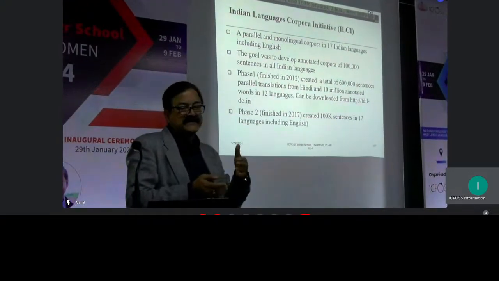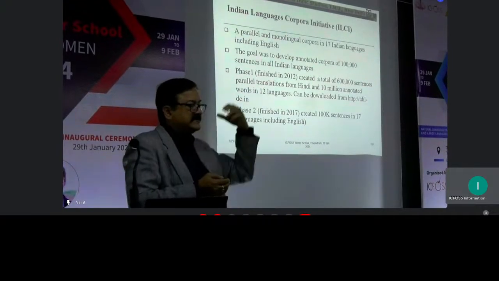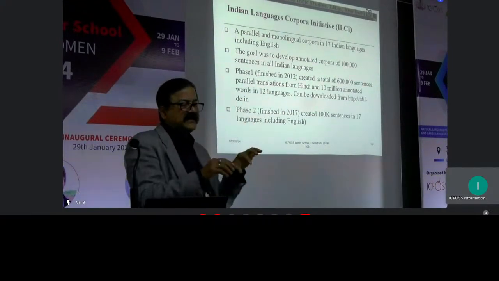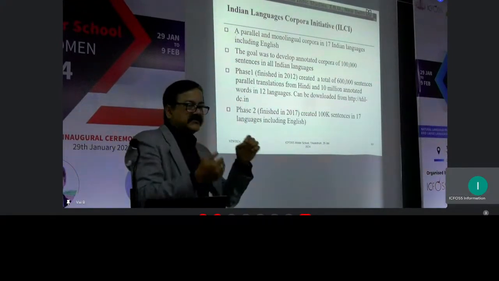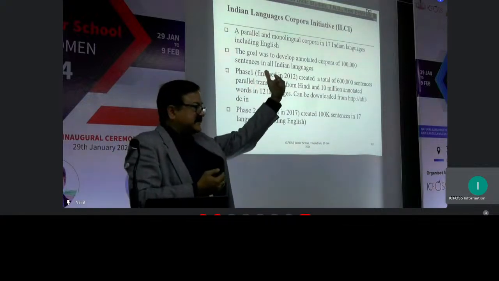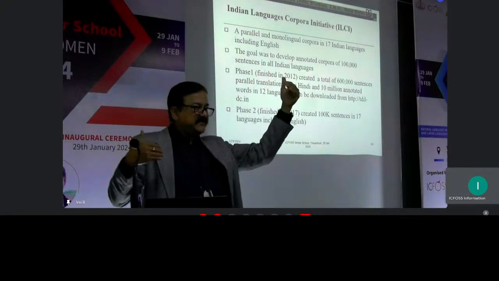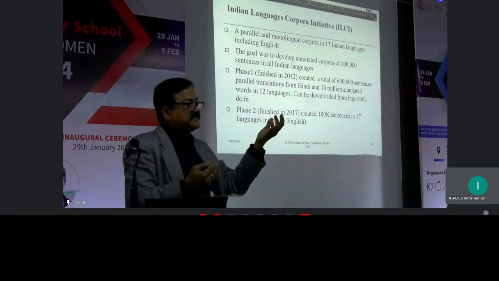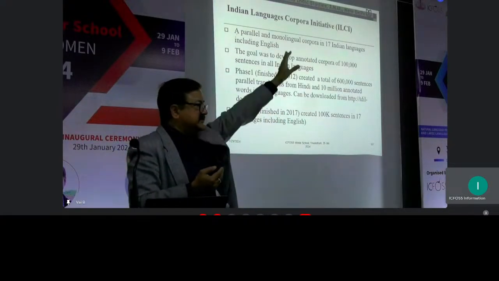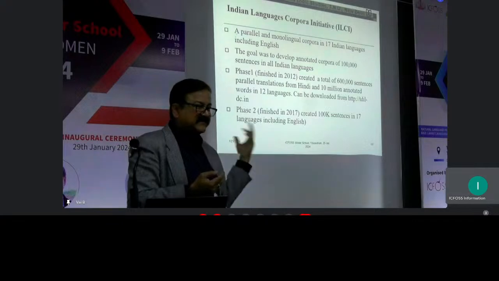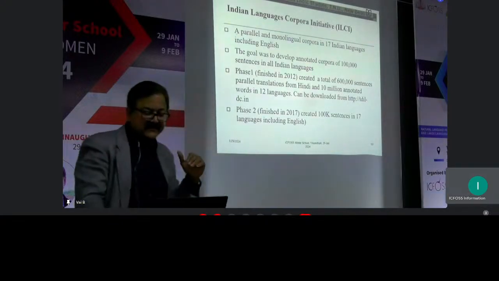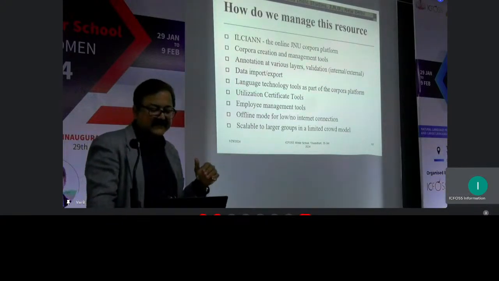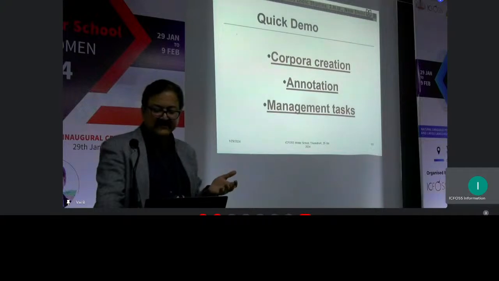Malayalam had its dashboard, and Telugu had its dashboard, and they would log in and create their data. Each piece of data created was vetted by several layers of people, and then it was sent to the ministry in XML format. So all this was done, and I want to quickly show you the demo.